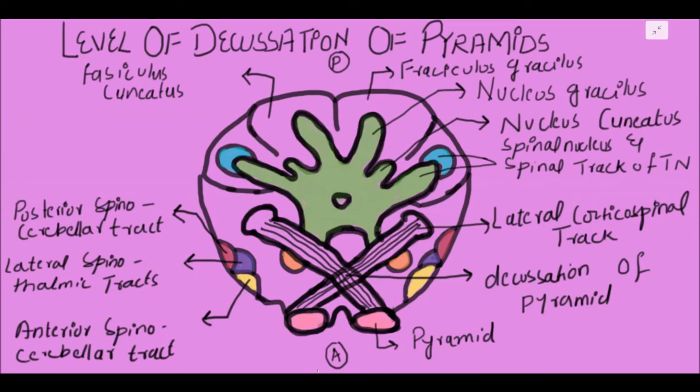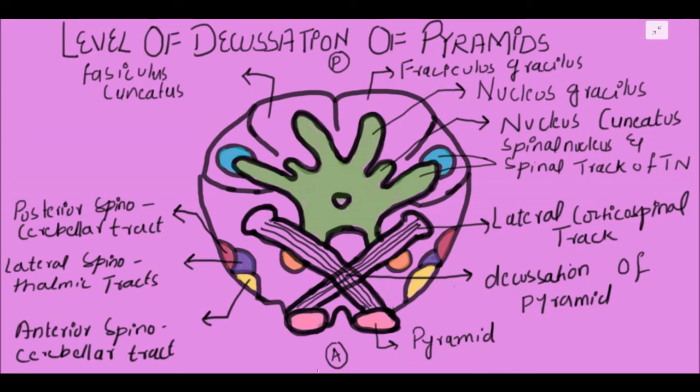One more thing which I forgot is that after the pyramidal decussation, the ventral horn of the spinal cord is converted into the spinal nucleus of the accessory nerve.